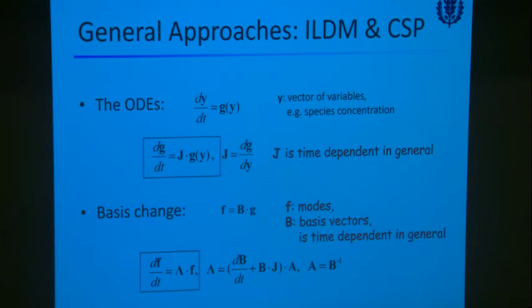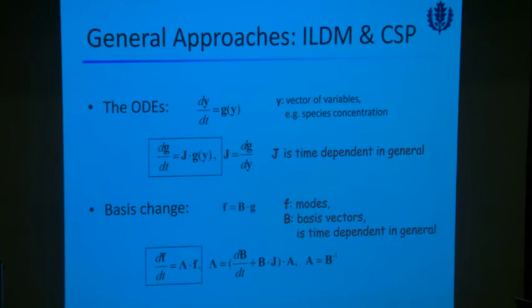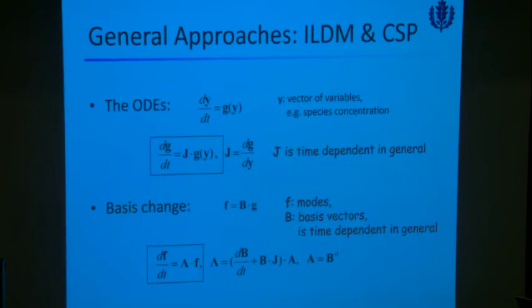So here, let me briefly introduce to you the basic idea behind ILDM and CSP. They are all more or less what you can call eigen-based methods, and they are based on the Jacobian. So again, we bring up the Jacobian matrix. I told you the Jacobian is relevant to almost everything in computational chemistry.